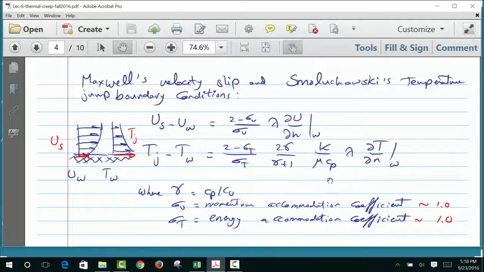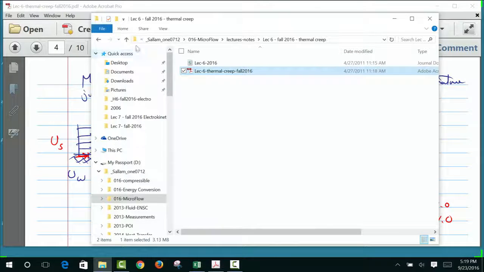Of course, someone worked on that model. Smoluchowski worked on the temperature jump model, and they figured out that this is how you can describe the temperature jump. And by the way, this is not theoretical. There is a paper, actually let me show it to you.